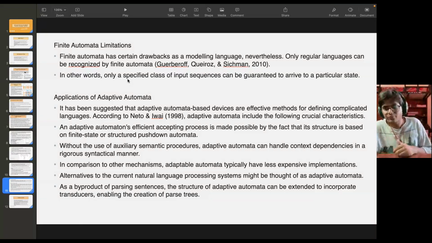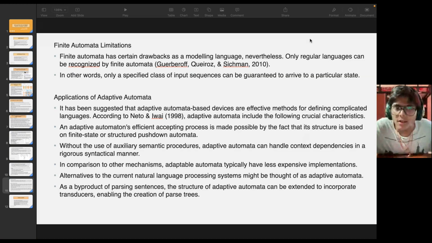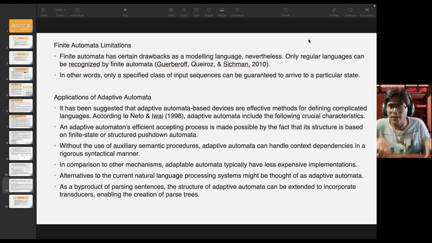Now we'll see applications of adaptive automata. What are the applications of adaptive automata? It has been suggested that adaptive automaton based devices are effective methods for defining complicated languages, right? For complicated languages, we use adaptive automata, according to a reference I have seen. Adaptive automata include the following crucial characteristics.